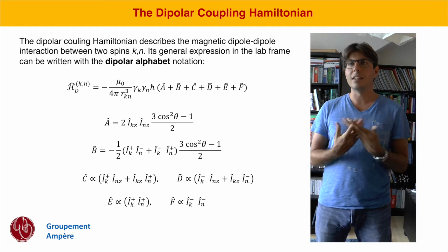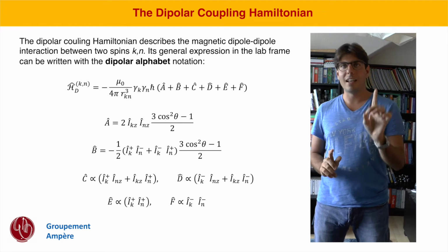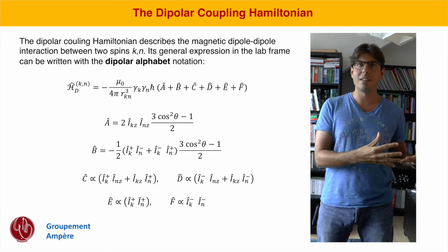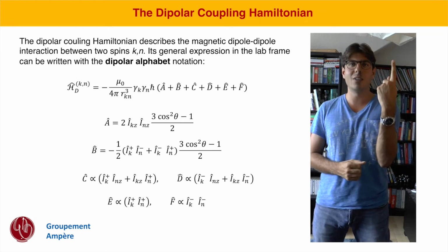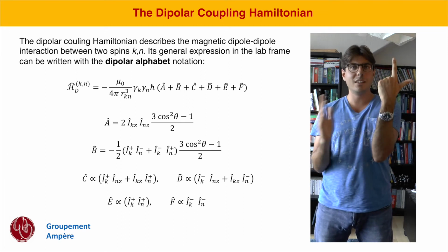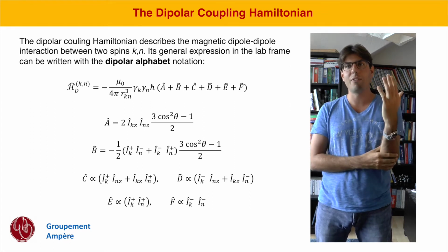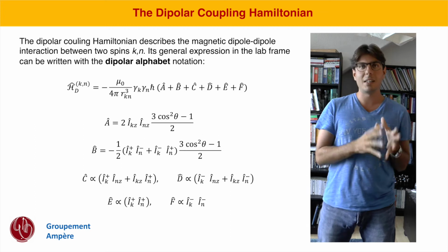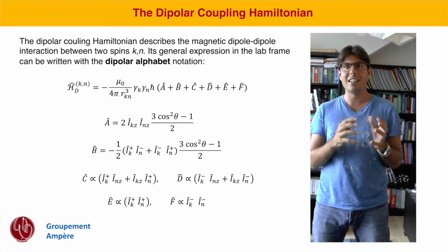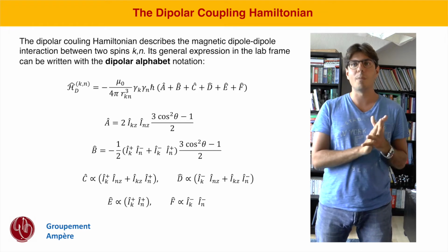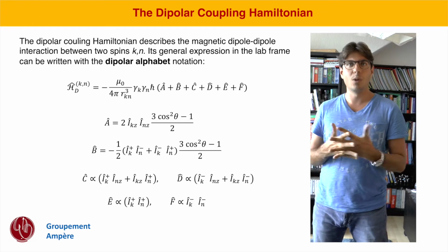In the C and the D term, you have once the IZ operators. These, as we said, will not pick up a time dependence because they are already oriented along the z-axis. So if the whole coordinate system now starts moving around the z-axis, they are unaffected. So they will not pick up a time dependence, but the I plus and the I minus terms will, and that's why we can again say we drop the C and the D terms completely.